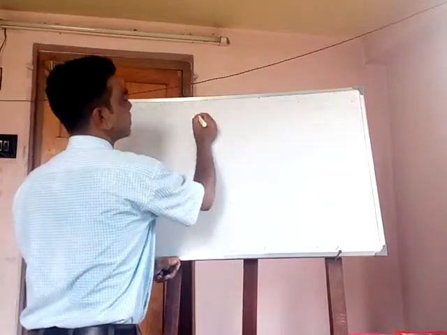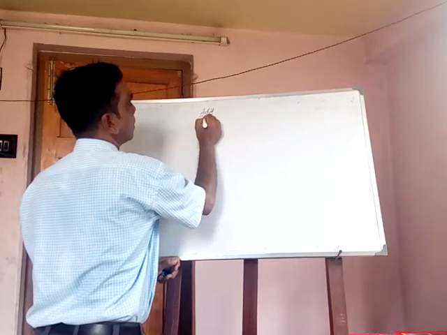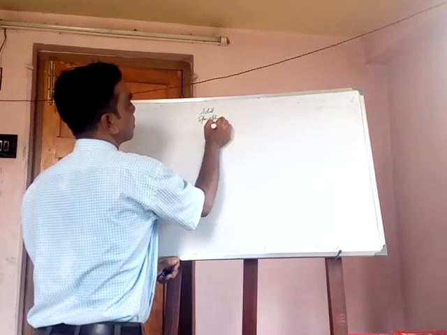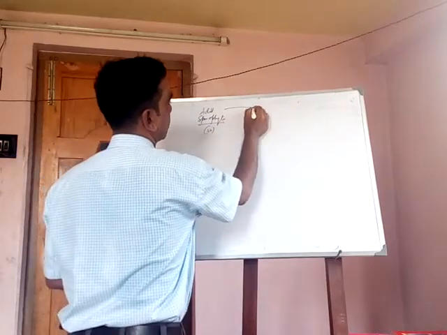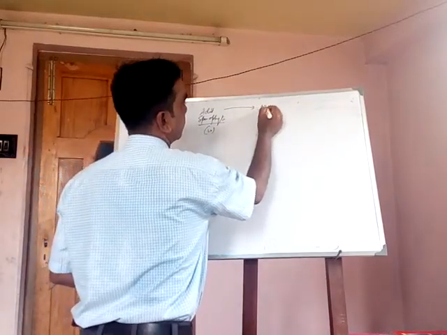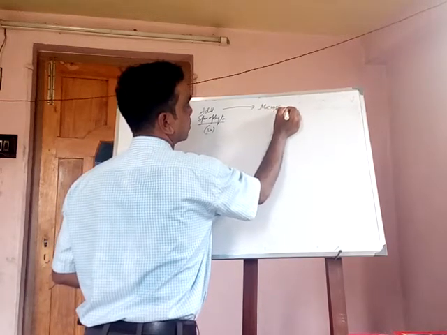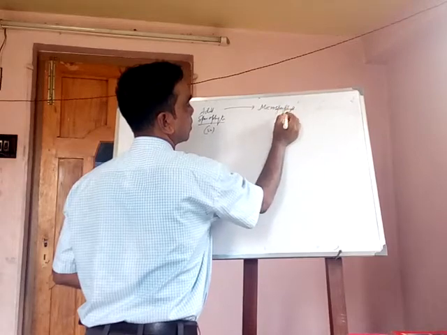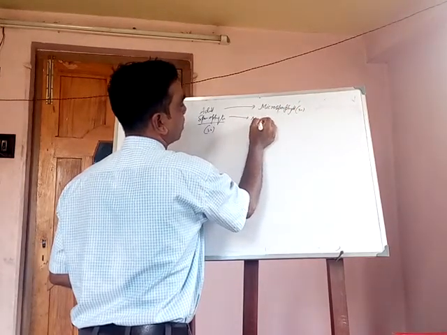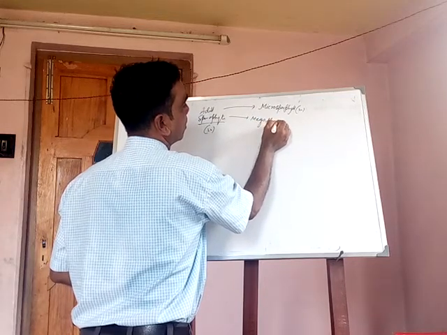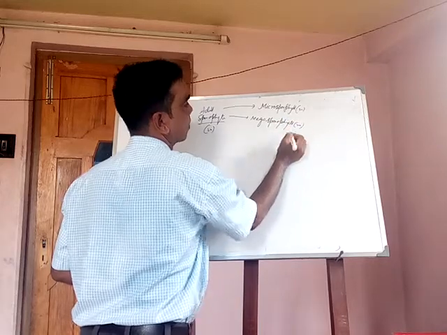And the life cycle, here I tell that first is the adult sporophyte, which has microsporophyll, that is twin, and megasporophyll, that is twin.